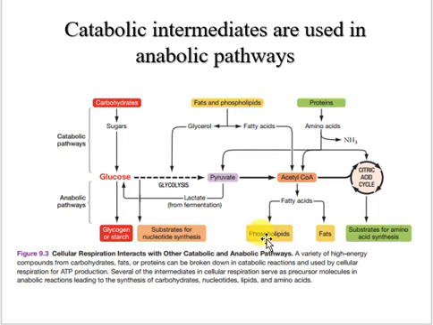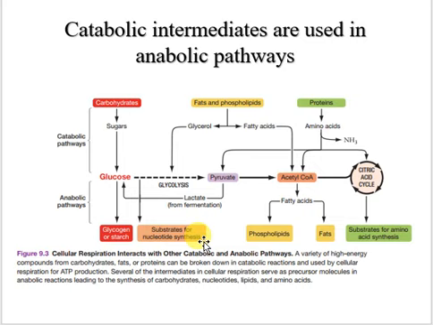Another is looking at the intermediates from glycolysis, right? The intermediates from glycolysis can actually be used to synthesize the substrates for nucleotide synthesis. These intermediates can be used in the synthesis of ribonucleotides and deoxyribonucleotides.